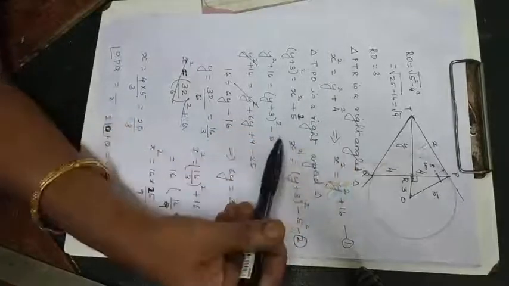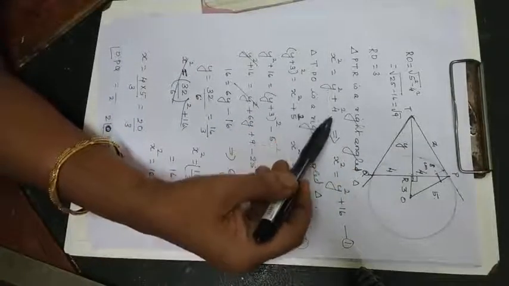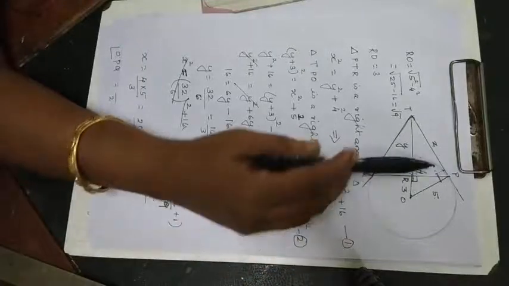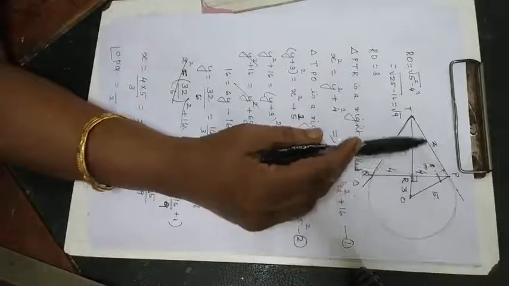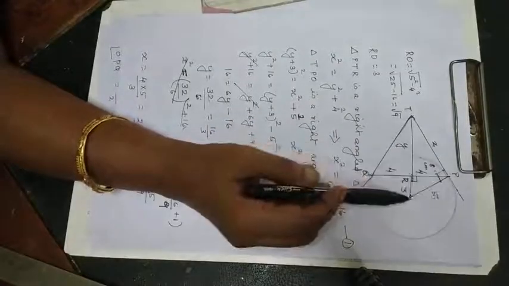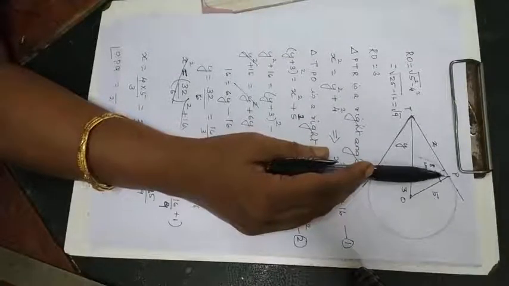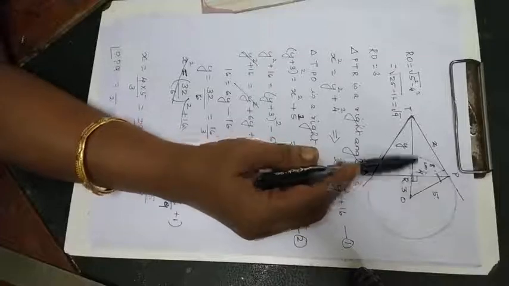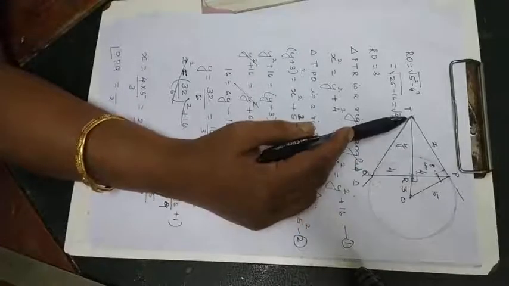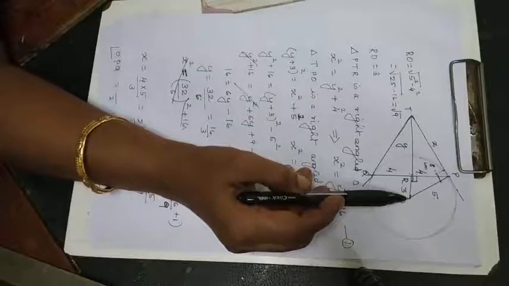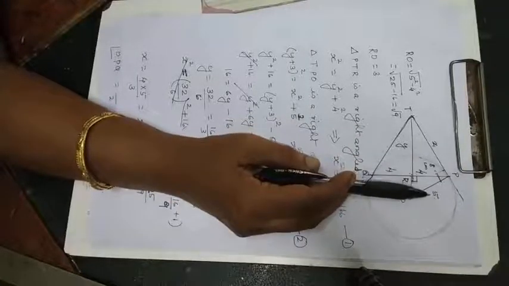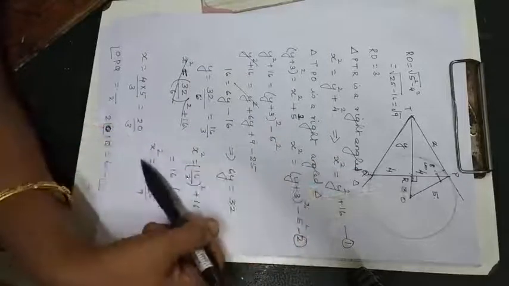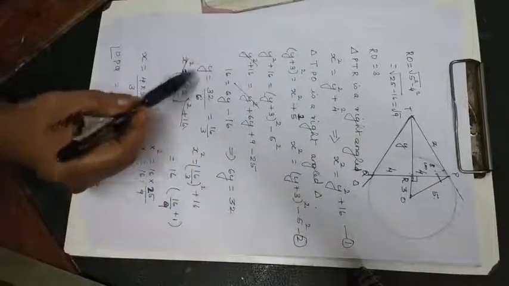So you got a relation X square is equal to Y square plus 4 square. Then take the bigger triangle, that is TPO. In that one, angle TPO is a right angle. Now for that, TO is the hypotenuse. So Y plus 3 the whole square will be equal to X square plus 5 square. Solving that one, you will get Y and you can find out X.